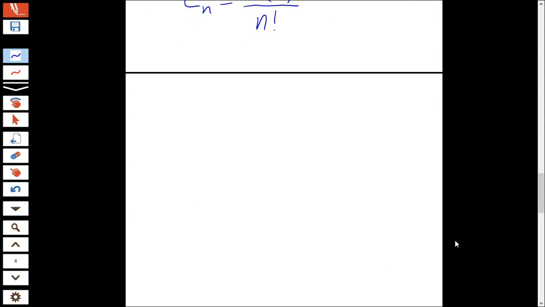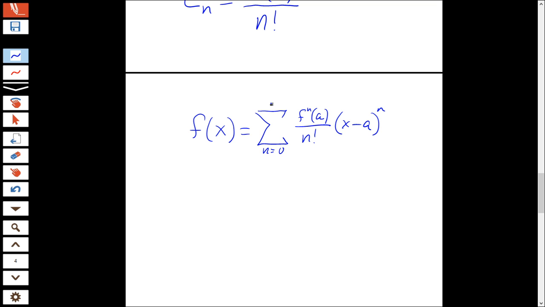So that f of x is going to be equal to the sum where our coefficients are the nth derivative at a divided by n factorial times x minus a to the nth power.